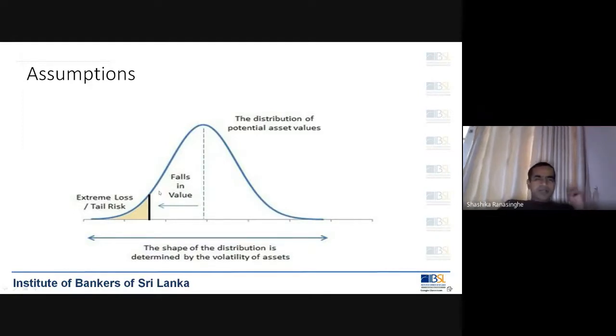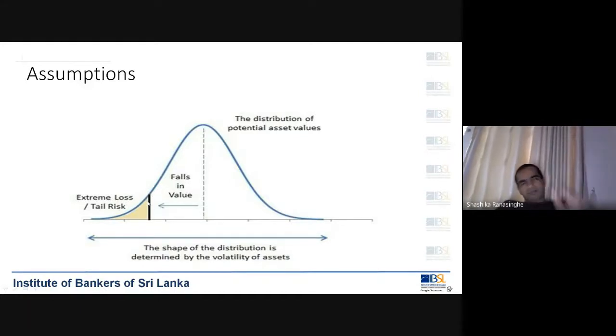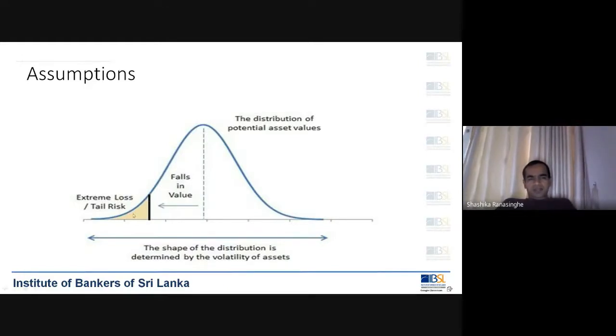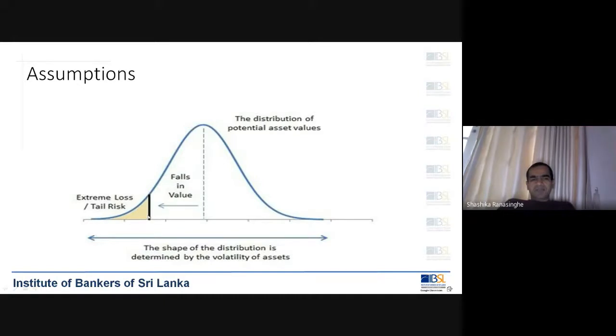Then if you want to get to 99%, the black line should move to the left or to the right. So this 5% is the level of significance. If you want to get 1% significance or 99% confidence, then this black line should move to the left, right?